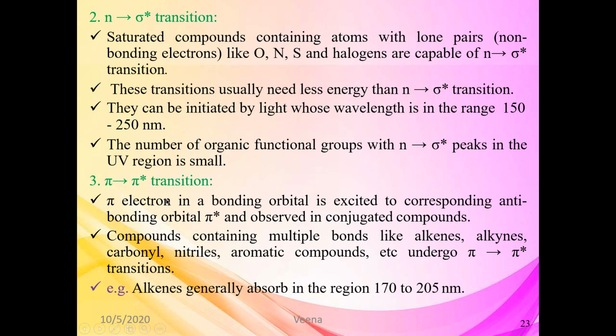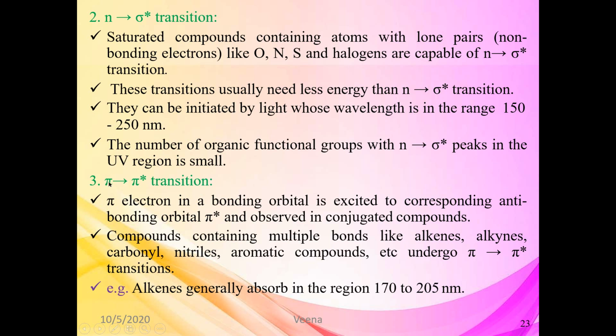Next is very important kind of transition called as pi to pi star electronic transition, and this kind of transition happens in molecules containing pi bonds. See, all alkenes, carbonyls, nitriles, aromatic compounds, they exhibit the pi to pi star electronic transition. Hence, what is pi to pi star electronic transition?